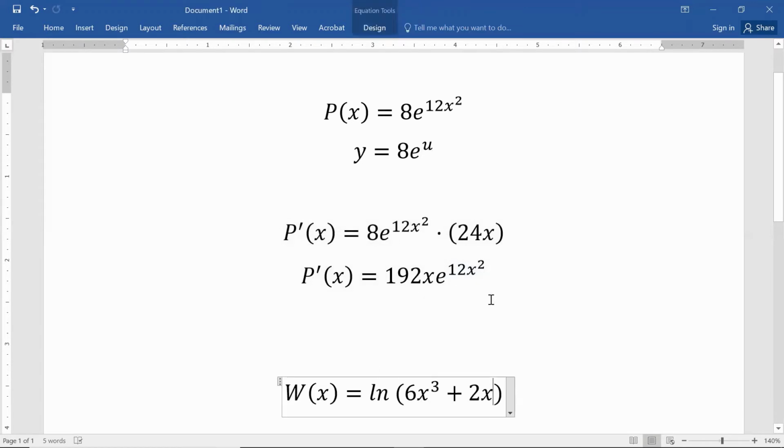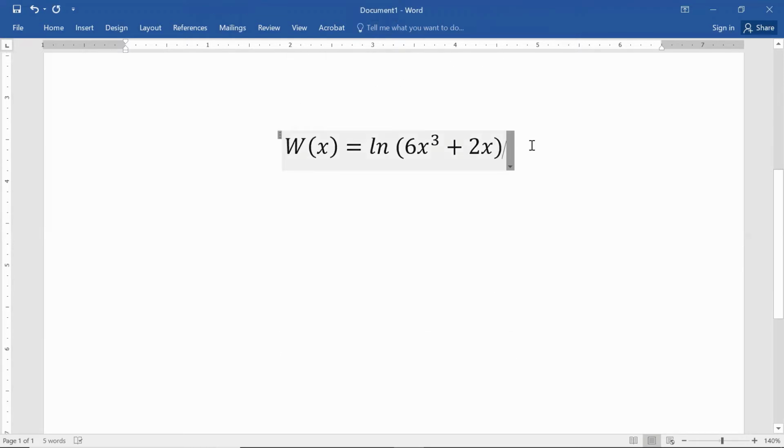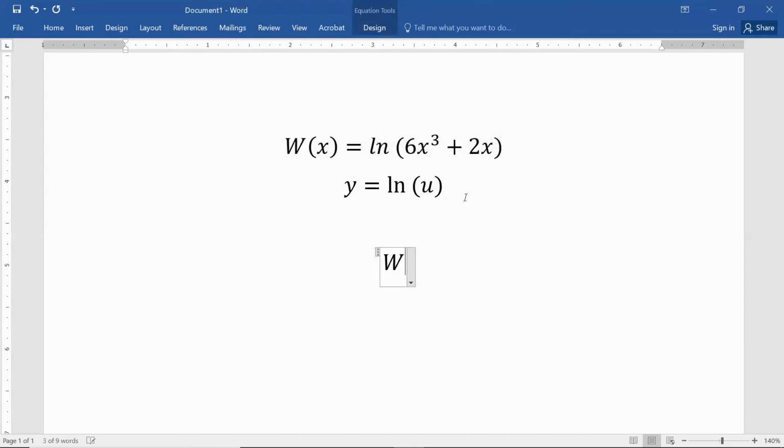Let's take a look at w of x. We have natural log of a polynomial. So you should think natural log of u, where our inside function u is 6x to the third plus 2x. Now I know that the derivative of natural log is going to be 1 over u.